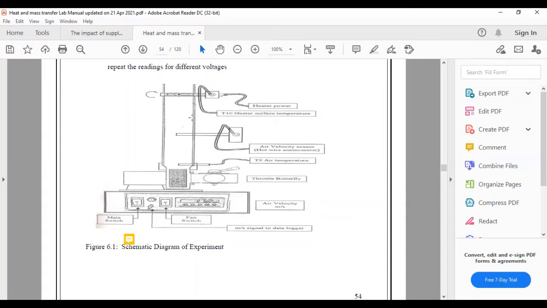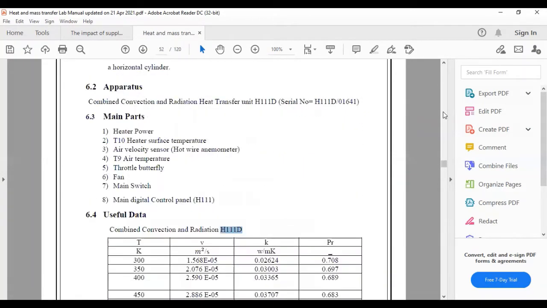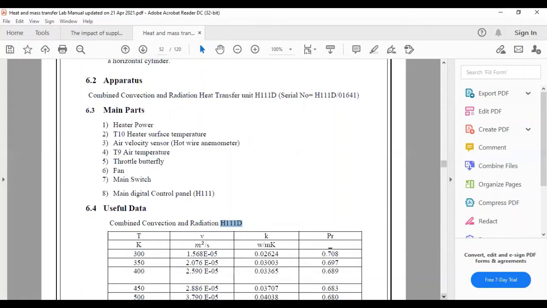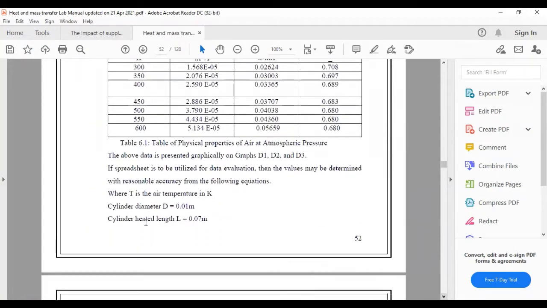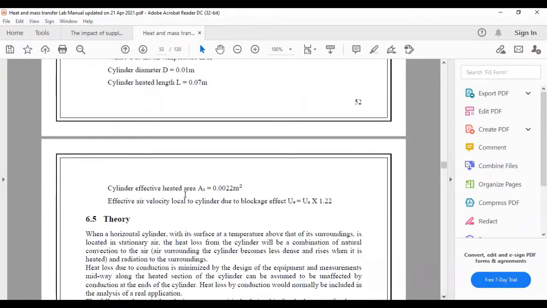Now this cylinder has some length, diameter and area as well. If we have the readings, we have the values of all of these characteristics. The cylinder diameter is given as 0.01 meter, its length is given as 0.07 meter, and the effective area of the cylinder, which is the surface area that will be heated, is 0.0022 meter square.